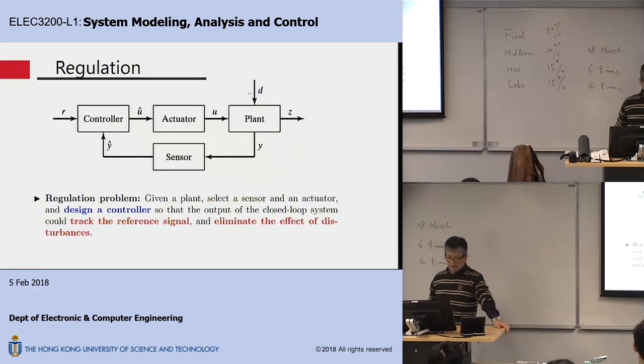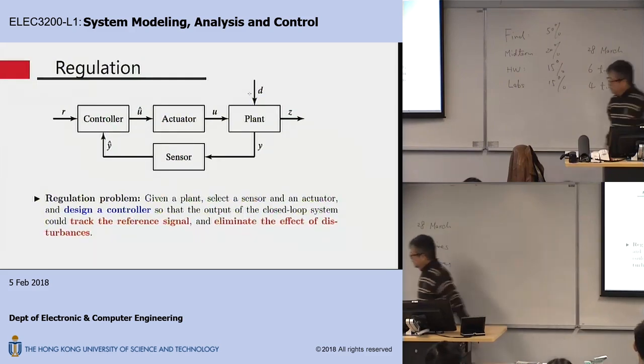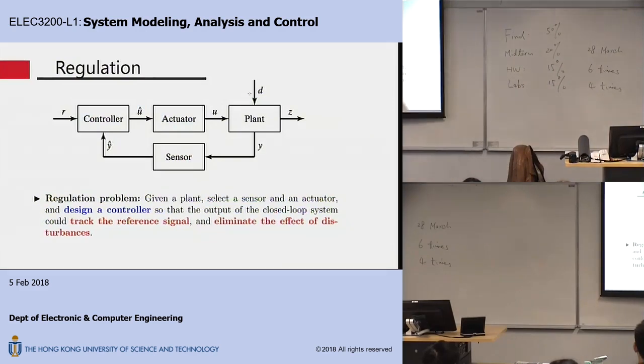So the regulation problem, if we state it in a formal way, again looking at this block diagram: given a plant, select a sensor and an actuator, and design a controller so that the output of the closed loop system tracks the reference signal, so the output Z tracks this R, and eliminates the effect of disturbances.